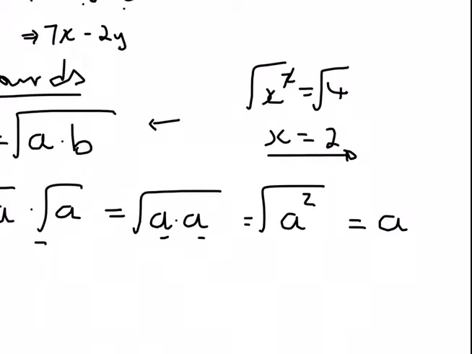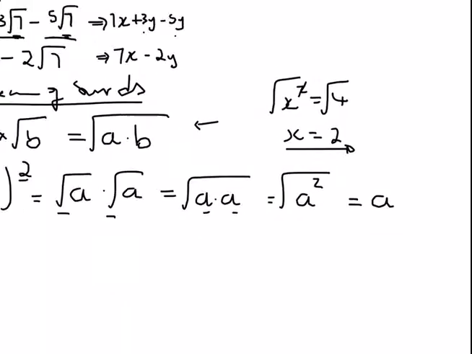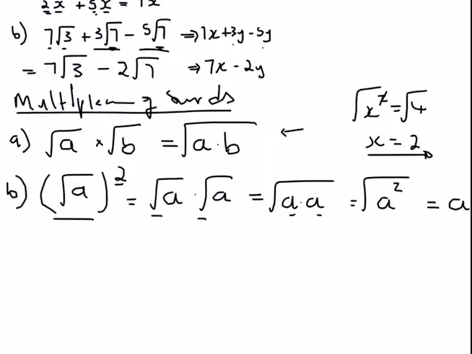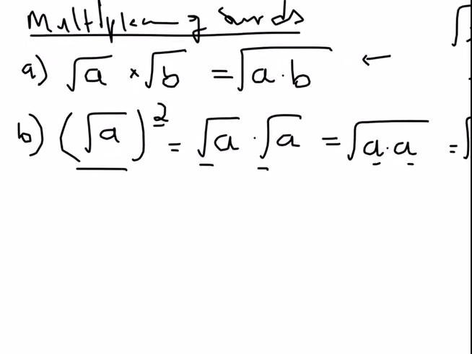Maybe let me make use of this opportunity to make you aware of what the square root is all about. Just be aware that with a square root, you always have an invisible 2 there.